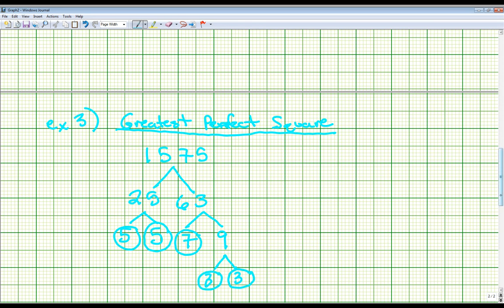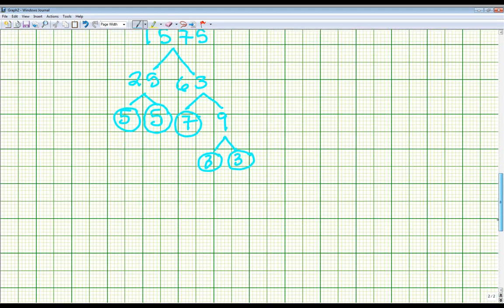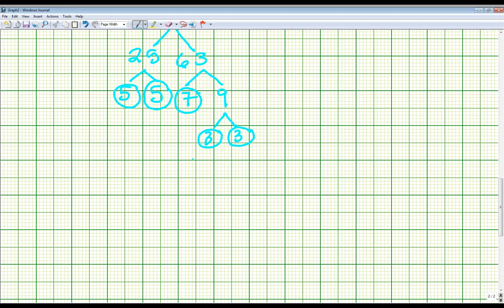So step 1 when you're trying to find the greatest perfect square is to factor the number out until you have all primes on the bottom. So if we take a look at the prime factorization, it has 3 different factors other than 1 that are perfect squares.